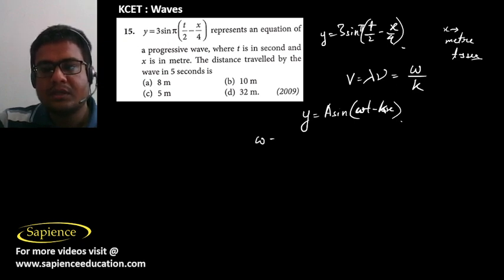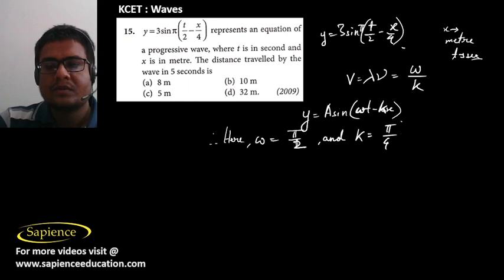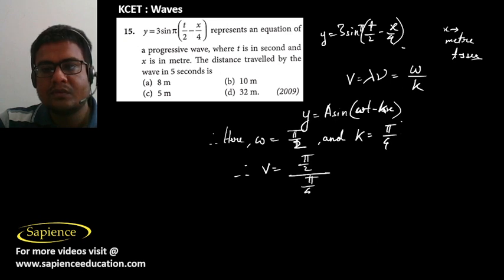Therefore here omega will be equal to pi by 2 if we compare this equation with this equation, and the angular wave number k will be equal to pi by 4. So the speed of the wave will be equal to omega by k, that is pi by 2 divided by pi by 4, that is 4 by 2, that is 2 meter per second.